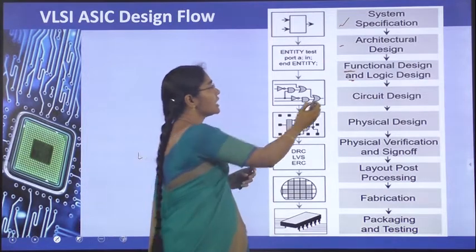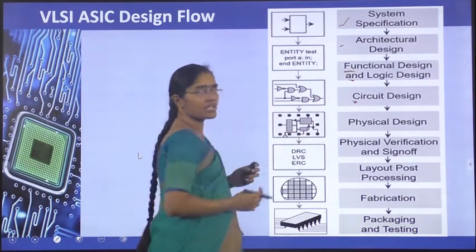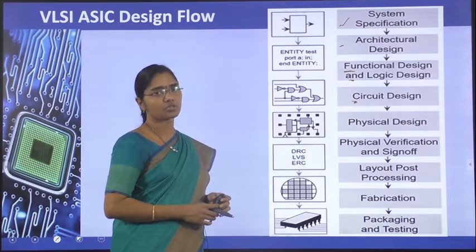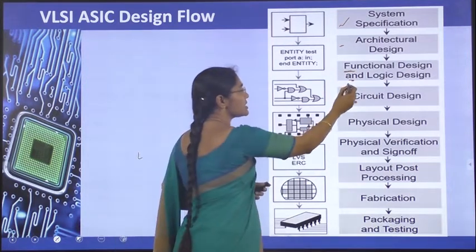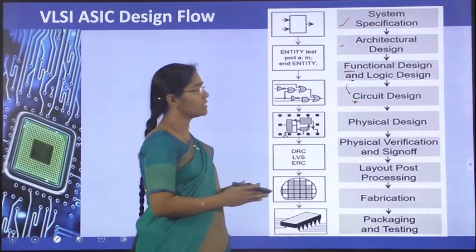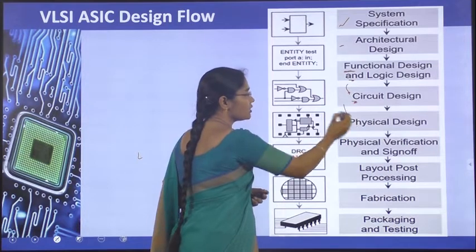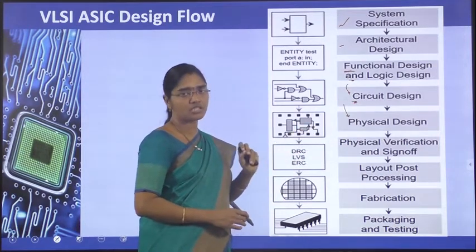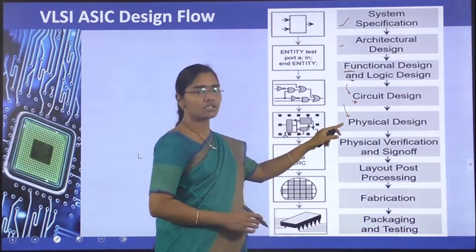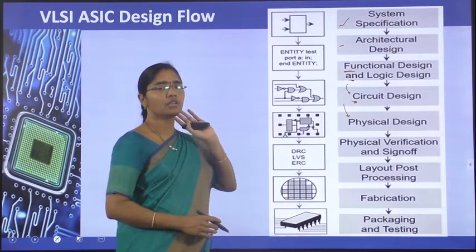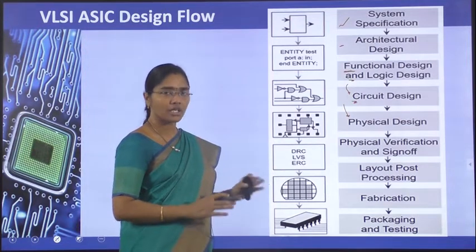Then for that logic design, to fabricate an IC, a layout is required. For that layout, a transistor level circuit is required. Therefore that logic design will be converted into a circuit design. After circuit design, it goes into the physical design, where the backend process starts. In this physical design, there are many steps like partition, floor planning, placement, routing, and so on.